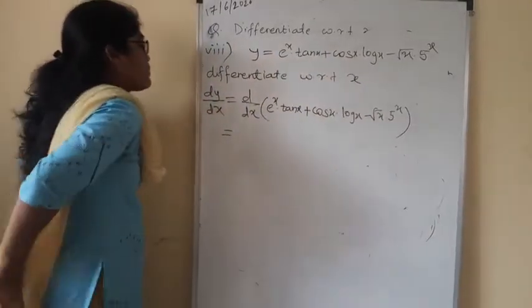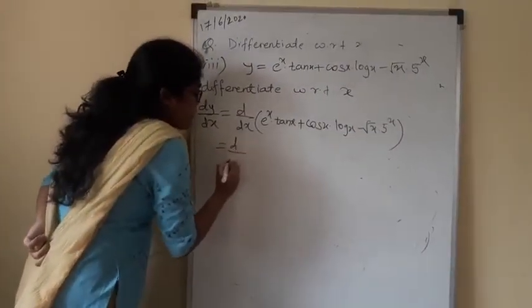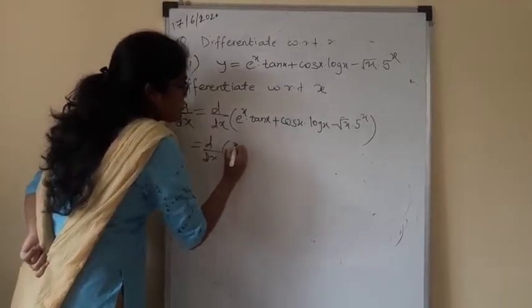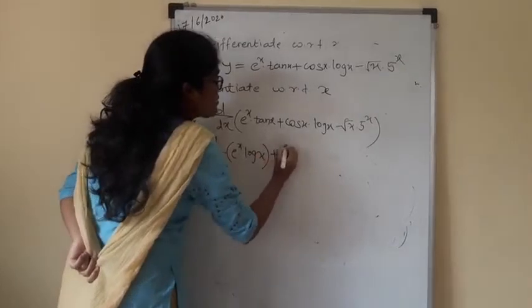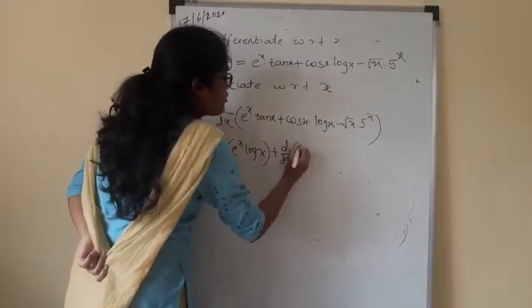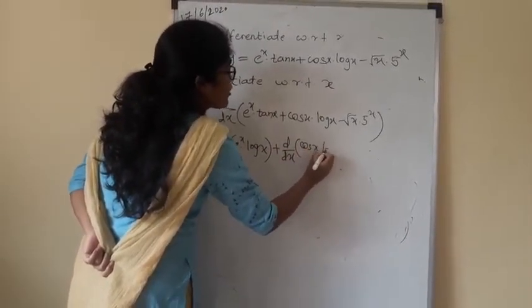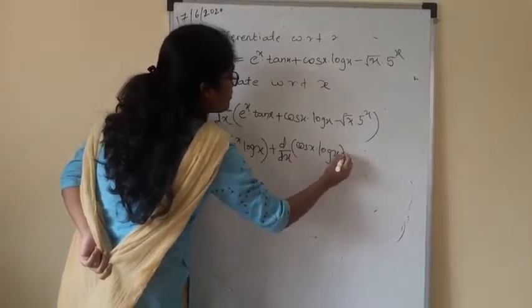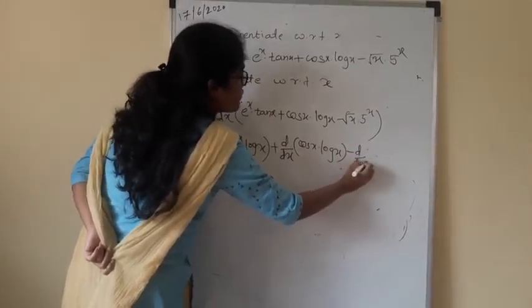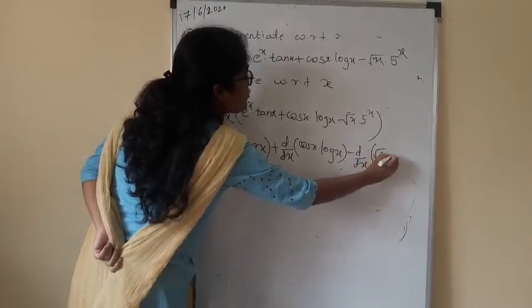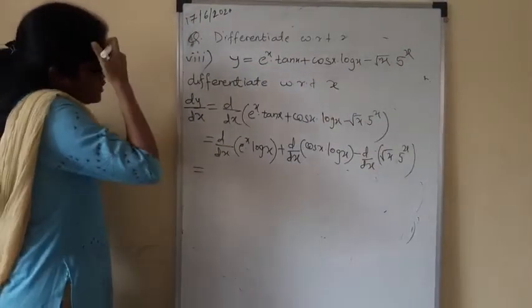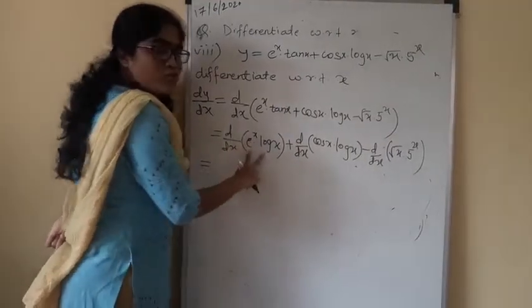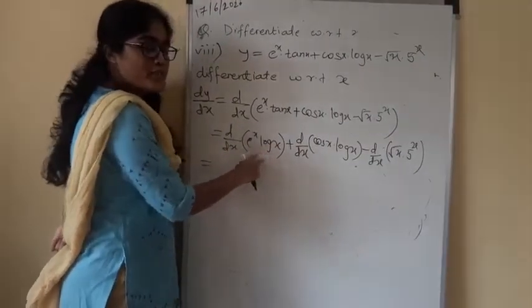Now we will separate this derivative: d by dx of e raised to x into log x plus d by dx of cos x into log x minus d by dx of root x into 5 raised to x. Now see students, here these are two functions and there is a product between these two functions.